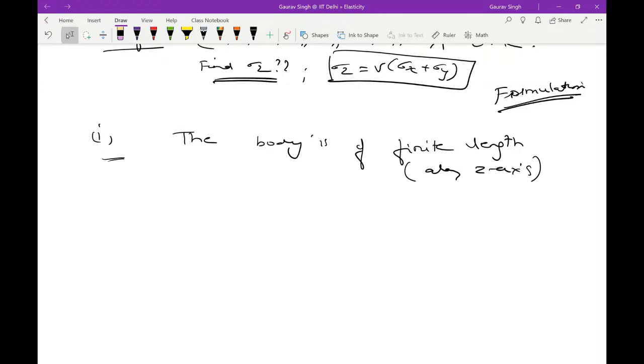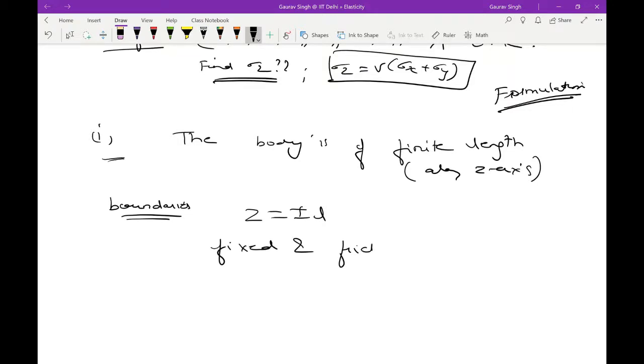So you have your boundary now, which is at z is equal to plus minus L. It is fixed. The boundaries are fixed and frictionless. This is an assumption which we have taken now.